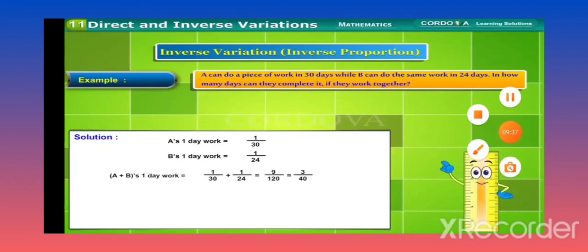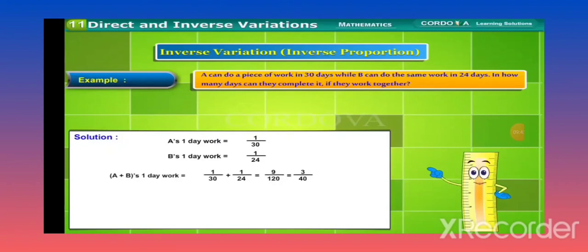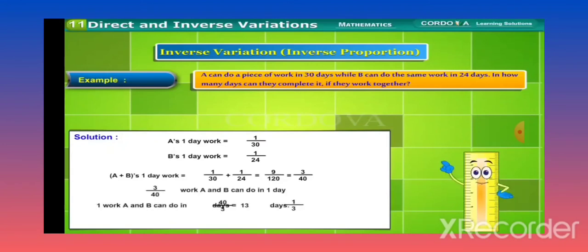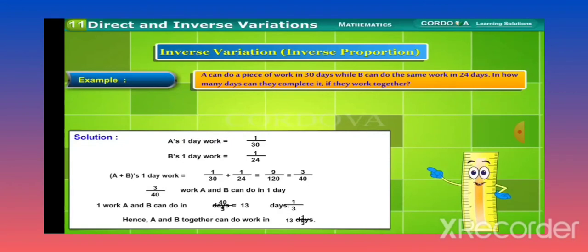A plus B's 1-day work is equal to 1 divided by 30 plus 1 divided by 24, which is equal to 9 divided by 120, which is equal to 3 divided by 40. 3 divided by 40 work is done by A and B in 1 day. Hence, A and B together can do the work in 40 divided by 3 days, which is 13 and 1 by 3 days.